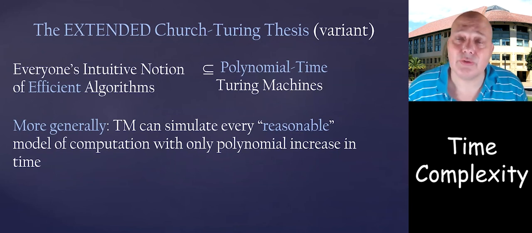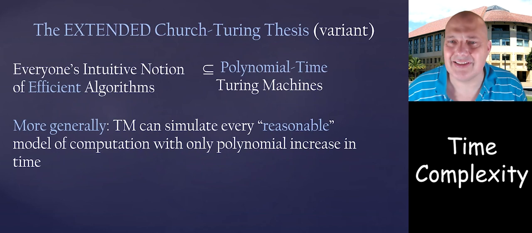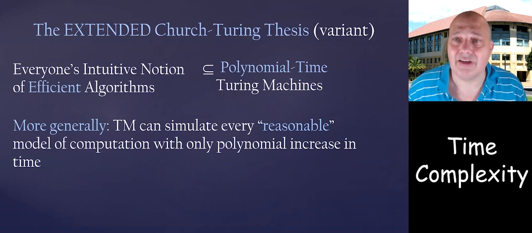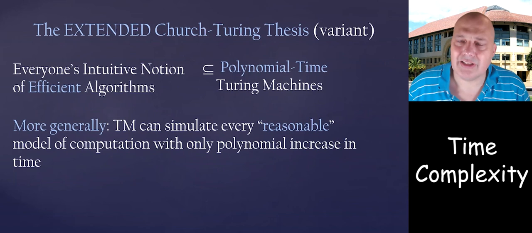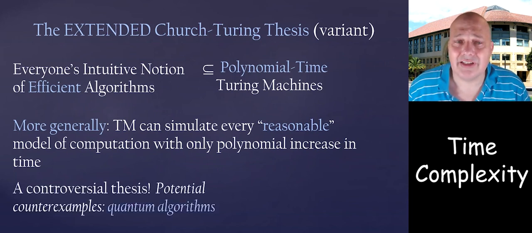It's definitely true for most things that we've tried, everything for which now there exists some efficient implementation, every programming language that you have, etc. But this one is a little bit more controversial than the Church-Turing thesis.